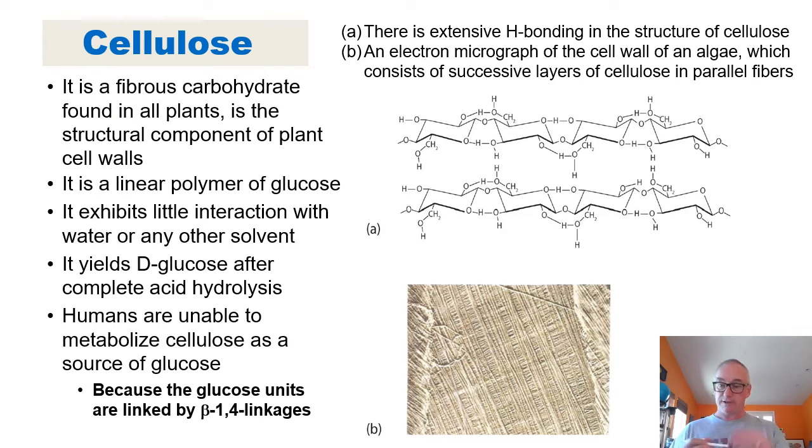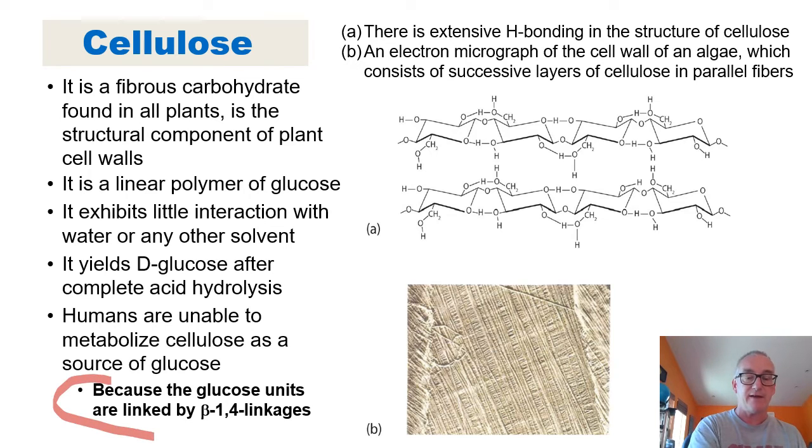Now, cellulose is also just glucose because all these three are just glucose. It's fibrous. Why is that? Well, because it's a linear polymer of glucose, and the linear polymer groups sort of stack on top of one another with hydrogen bonds.